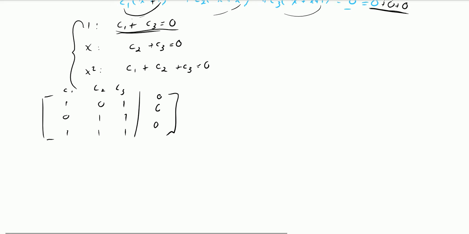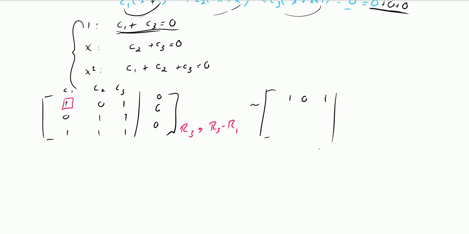Okay, let's do some row reduction. I take row 1, and row 3 becomes row 3 minus row 1. So that becomes 1, 0, 1, that doesn't change, 0, 1, 1, 0, then I get 0, 1, 0, 0.